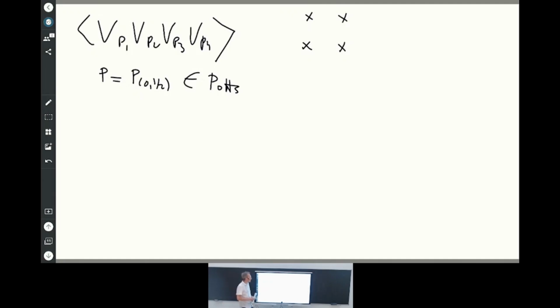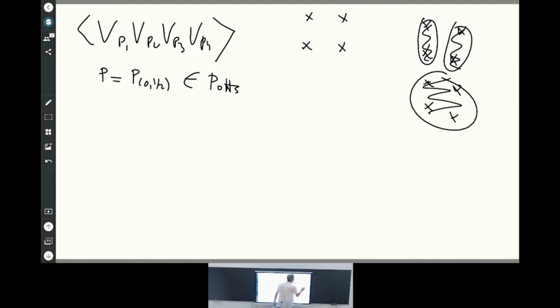At the level of the statistical model, you draw these clusters which tell you which spins have the same values. Then the question you can ask is whether these 2 points are in the same cluster, while these 2 points are in some other cluster, or maybe 4 points are in the same cluster here.